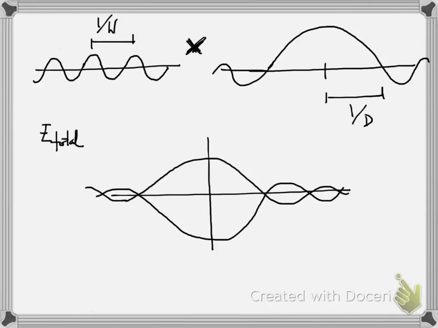What I basically do is multiply each point in the cosine, the Fourier transform of the two delta functions, by its corresponding point in the Fourier transform of the top hat function. And what I get is something that looks like this.